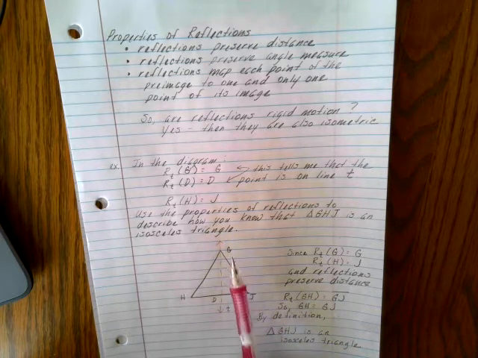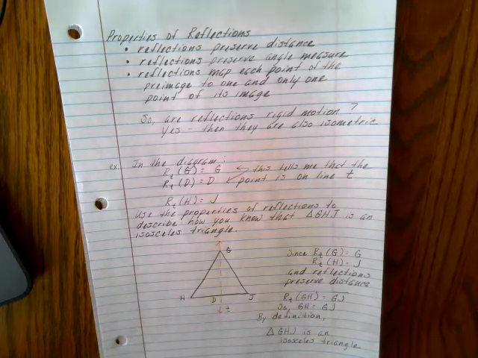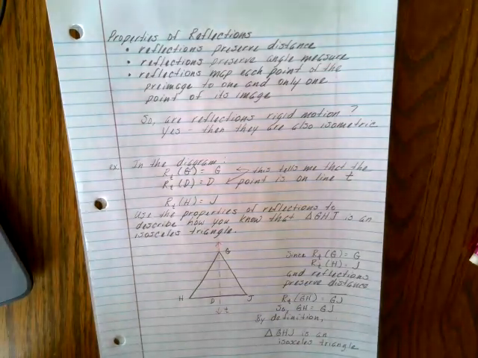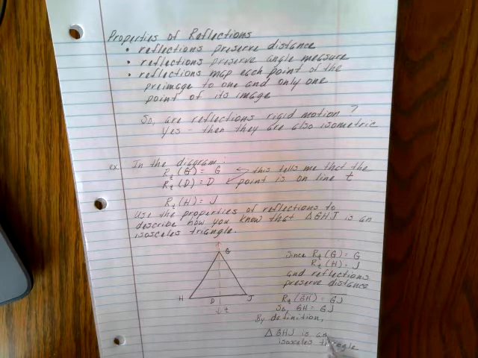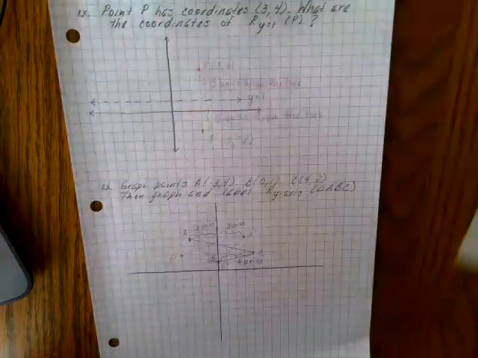So I would know that GH was equal to GJ. All right, so by definition, triangle GHJ would then be an isosceles triangle. And that's an example of probably one of the problems you will be doing for homework.